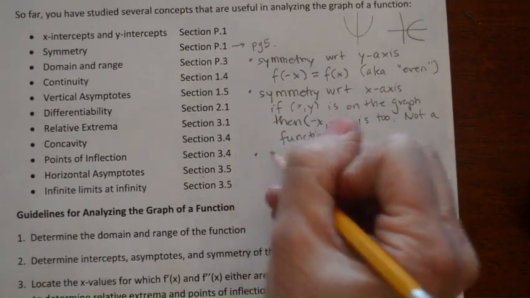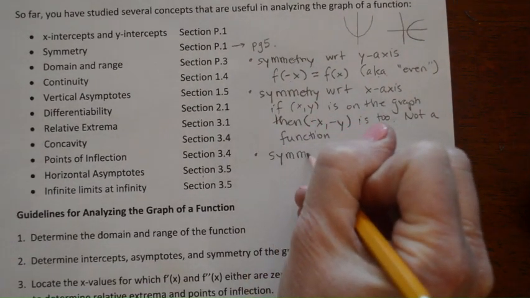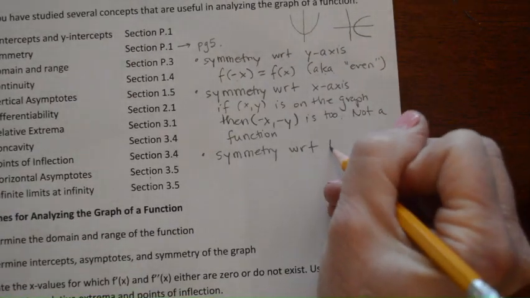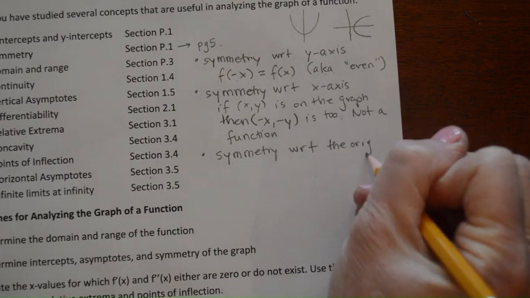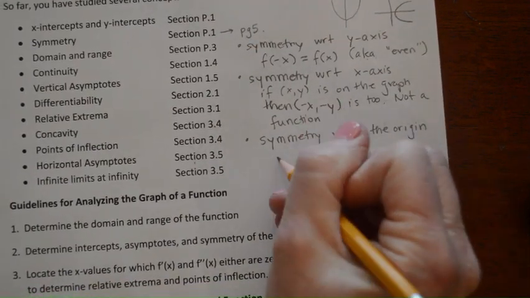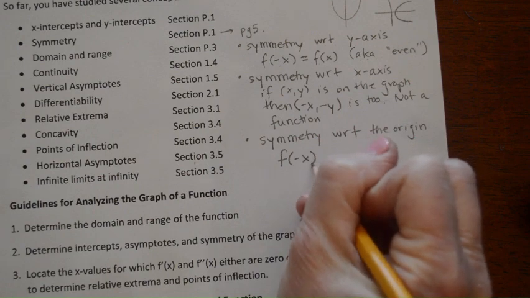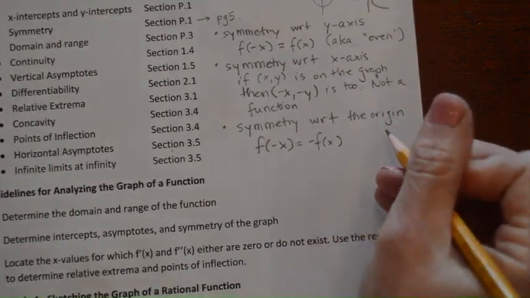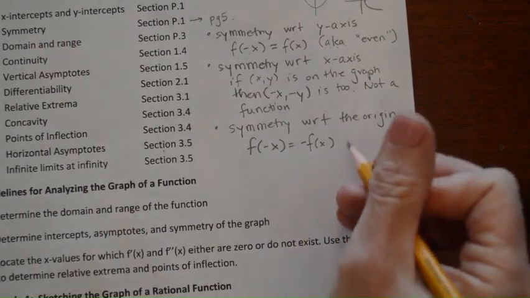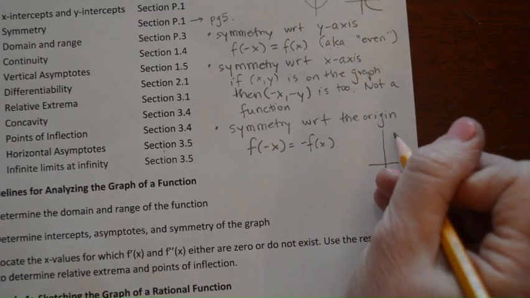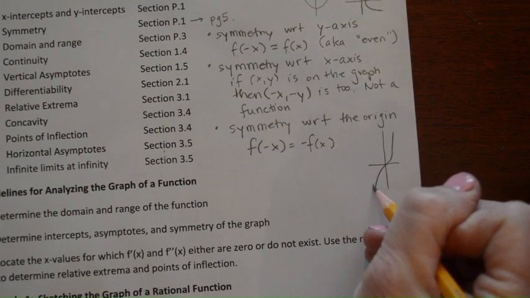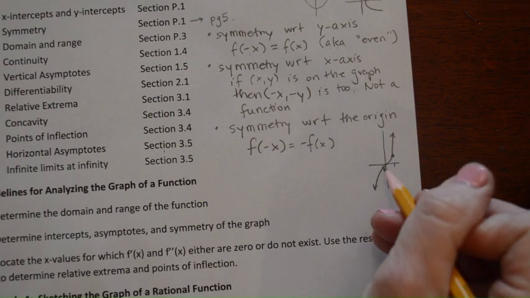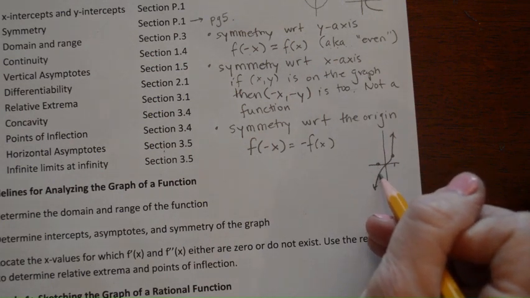And then the final type is symmetry with respect to the origin. And in that case, we found that f of negative x was equal to negative f of x. Again, the celebrity of this type is like a cubic, where if I put in 1 and get 1, right, then when I put in negative 1, I get negative 1.